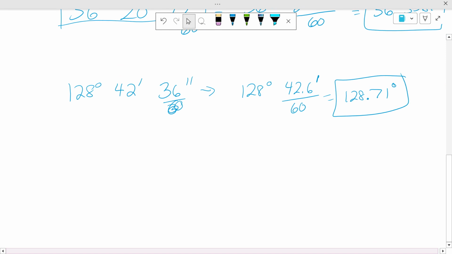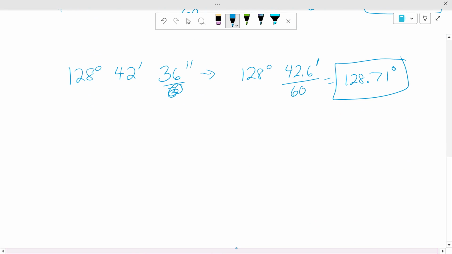Now let's say we start with decimals and let's turn it into degrees, minutes, seconds. So let's say we have 34.325 degrees. And we want to change it to degrees, minutes, seconds. Well, you take the decimal part, and up here we divide it by 60, so down here we're going to multiply by 60.